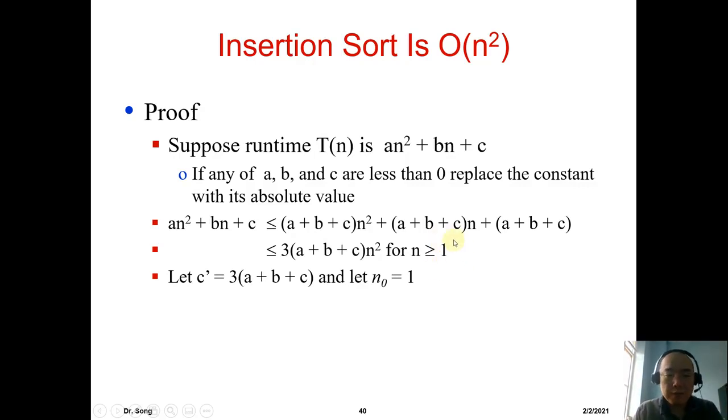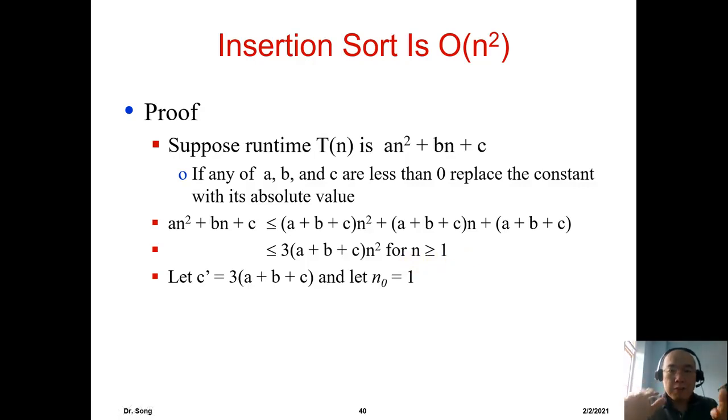So what do we have? This polynomial is guaranteed to be smaller than c n squared for all positive values n when n is greater than n0, and n0 is 1.